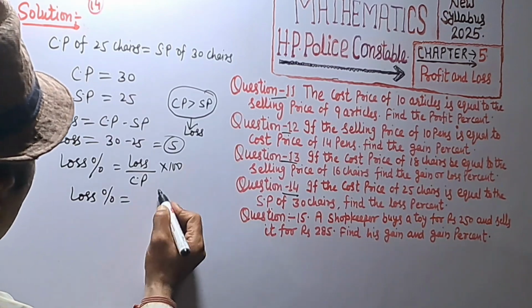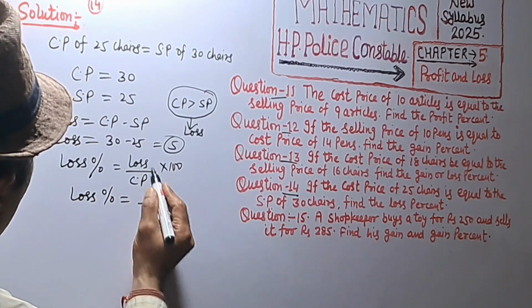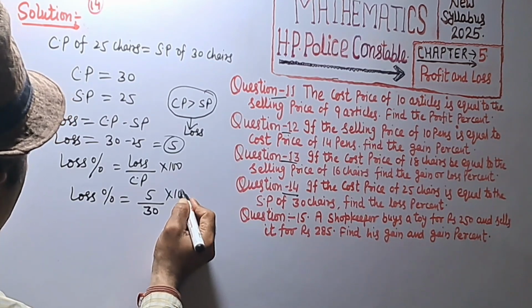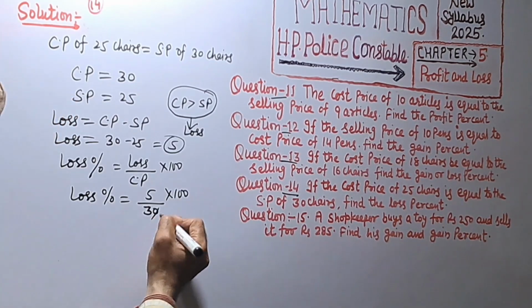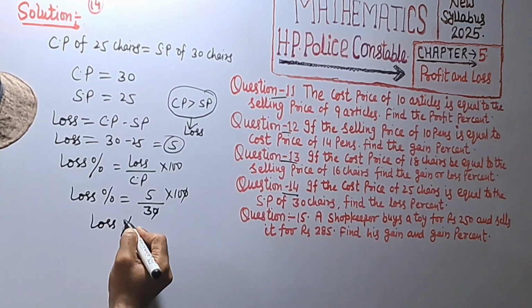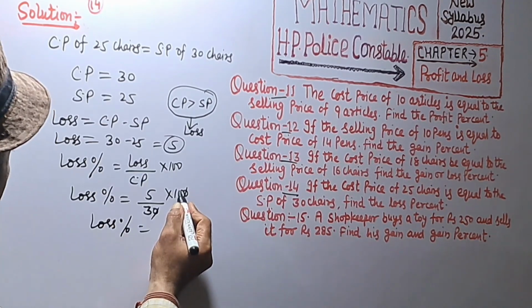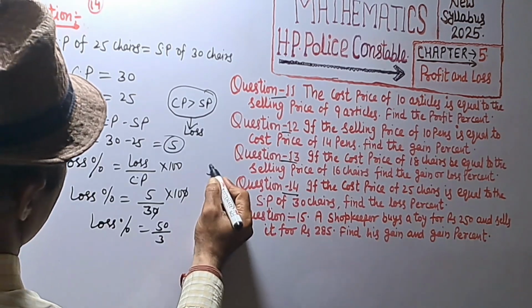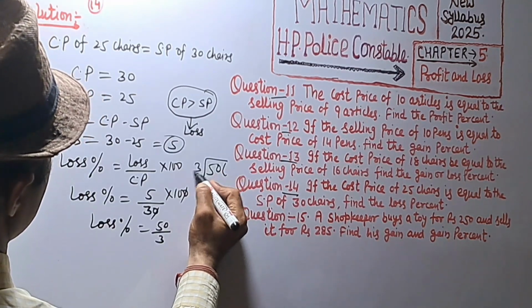Loss percent equal to 5 upon cost price is 30 multiplied by 100, which is cancelled, and loss percent equal to 10 multiplied by 5 equal to 50 upon 3, 50 divided by 3.